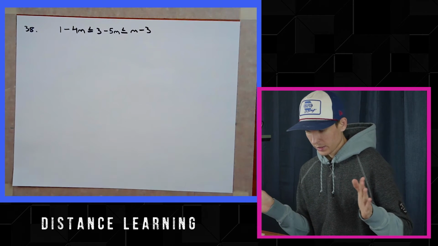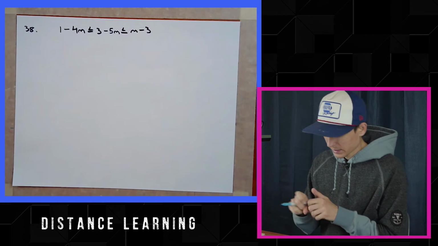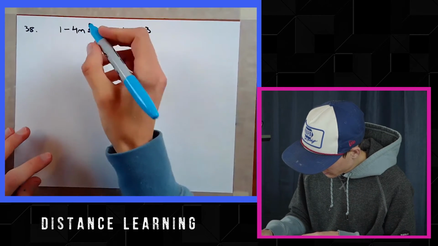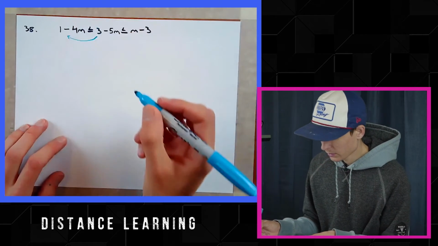Alright. You want the variables in the middle, and anything else on the outsides. So, I'm going to subtract 3.